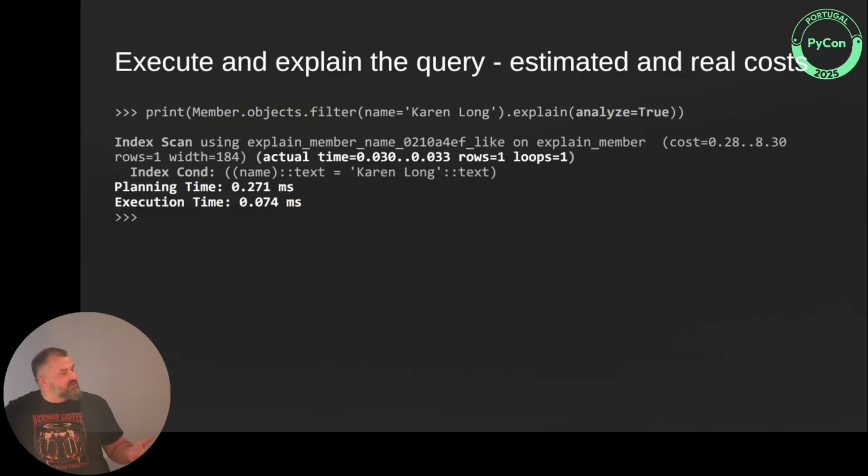So this is a reality check for the database. You get the planning time and, most importantly, the execution time of the query. You also get the actual time for each operation and the actual rows returned. Oftentimes the estimation says that it will return 200 rows, and in reality it returns just a single row. So this is where the database statistics screw you.